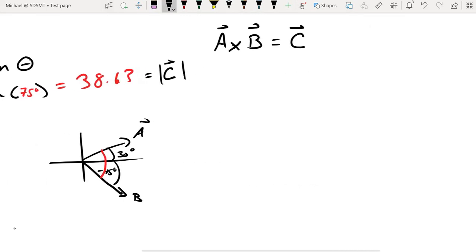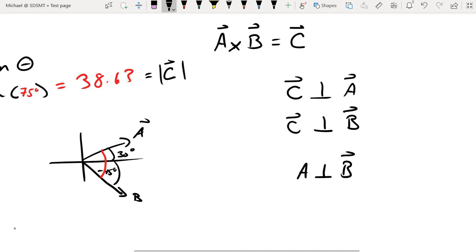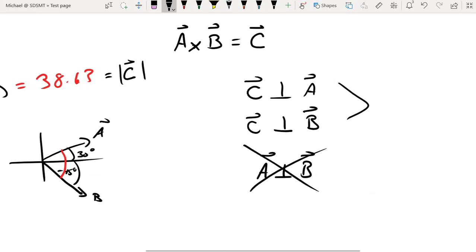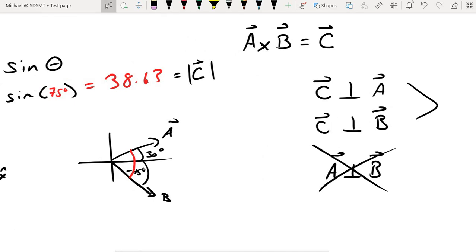And the one thing that we need to remember about cross products is that the resultant vector will always be perpendicular to the original two vectors that were used, A and B. Now this is not to say that vectors A and B have to be perpendicular to each other. They can, but that's not a requirement. But this is. Whatever direction vector C points in, it has to be perpendicular to both vectors A and B.